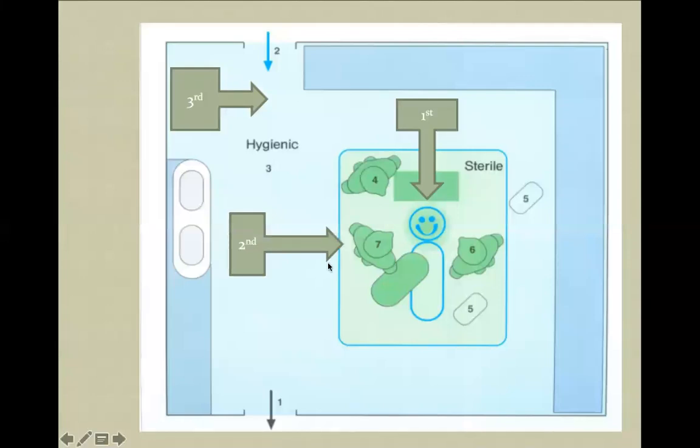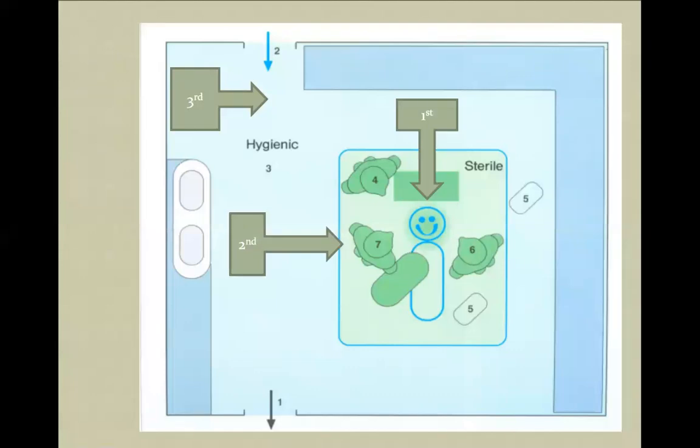Okay, the next, and I think that I showed this picture many times, but I would like to repeat it again. The next very important thing is that your OP theater should be organized properly. I showed you, I think last semester, how it should look.